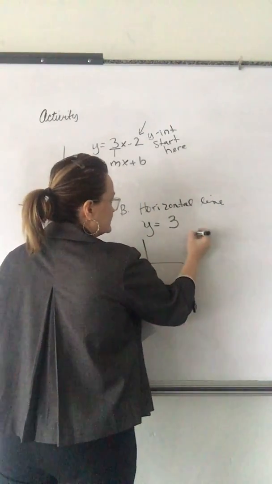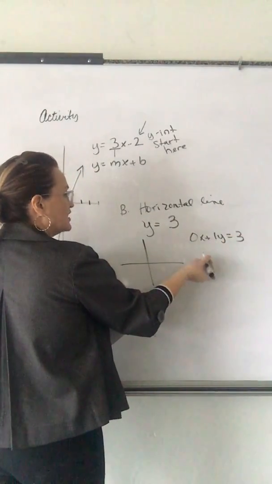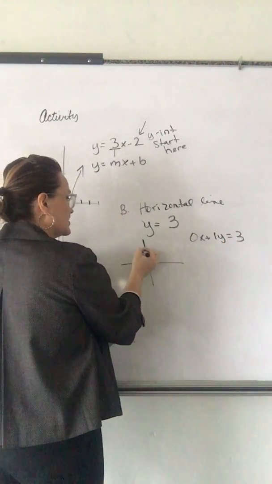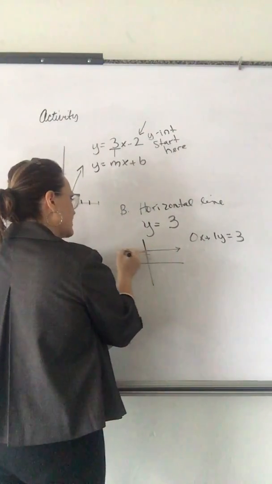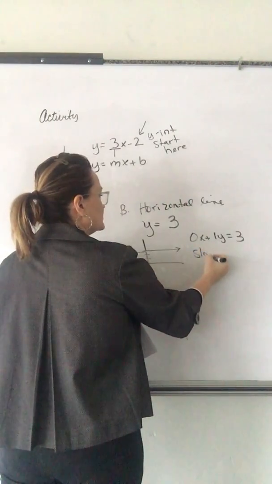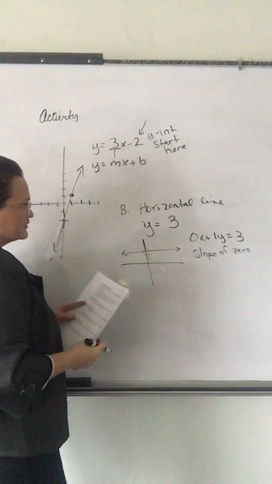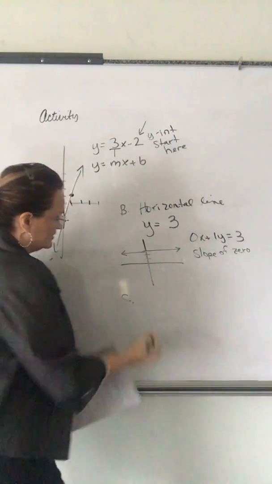It's like having 0x plus 1y equals 3. And if you made a t-table for that, you'd find out that it just goes flat, left to right through the 3. So that's a horizontal line. Horizontal lines always have a slope of 0, flat line, flat ground. All right, C, the vertical line.